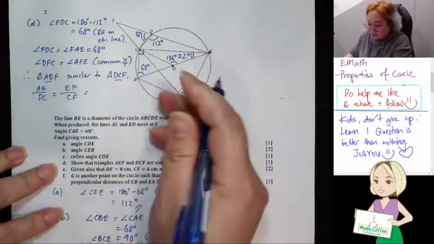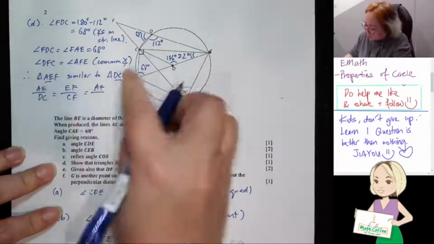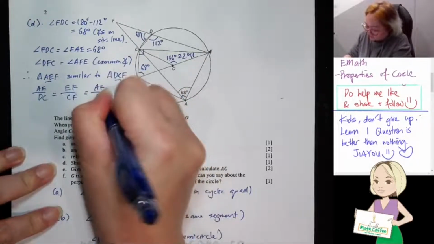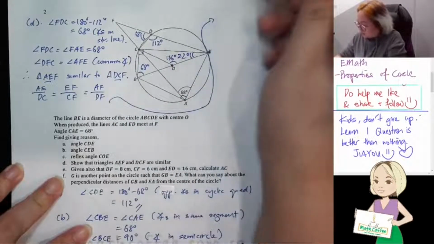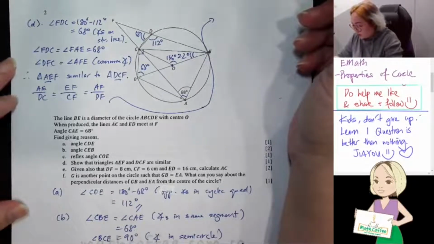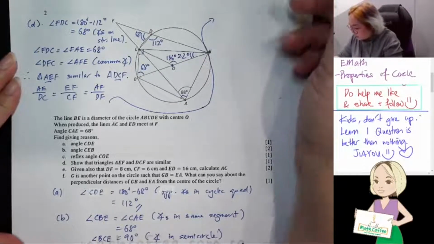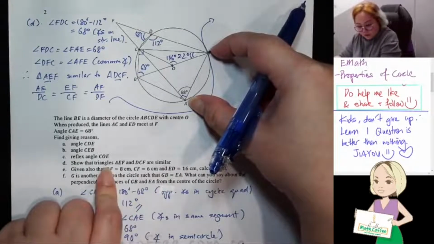Okay, equals to AF over DF. Okay, let's continue. I'm going to write here. So let's see what information we have. AE is from here to here. We do not have, and let's see whether they give us or not. They did not give us.